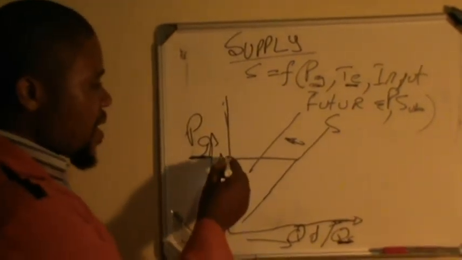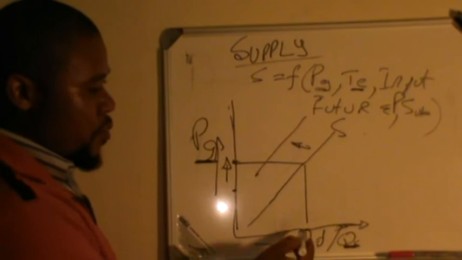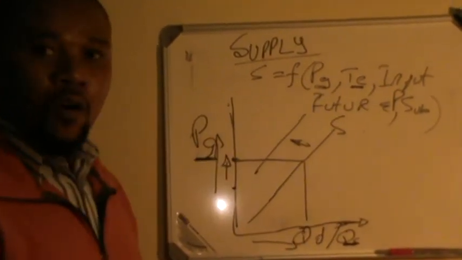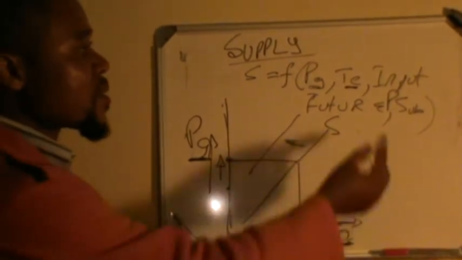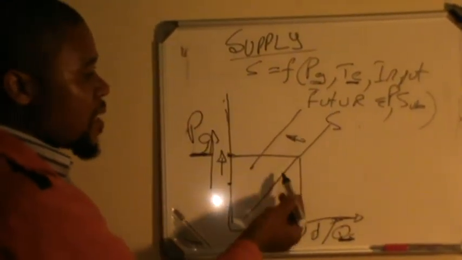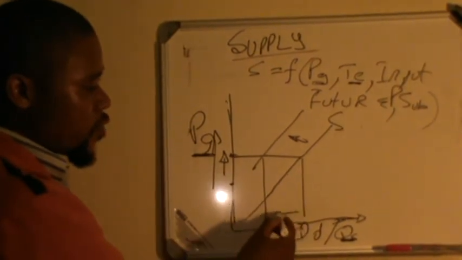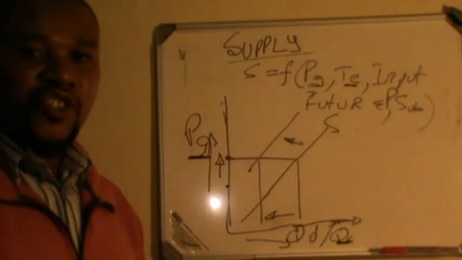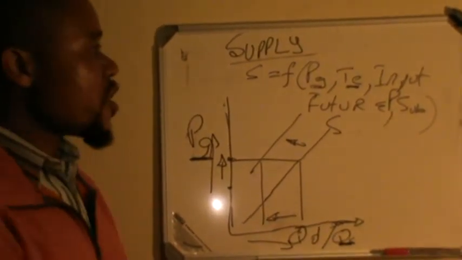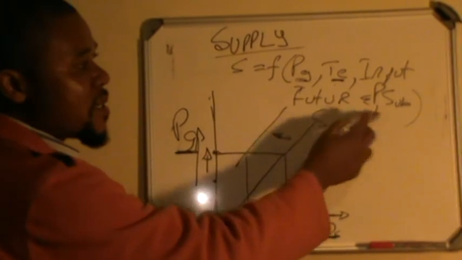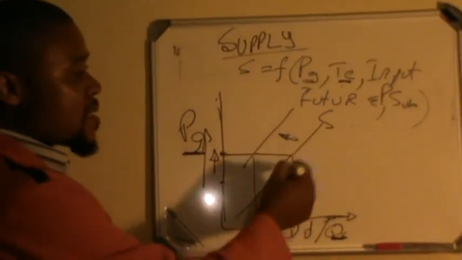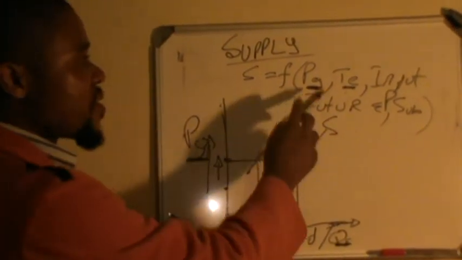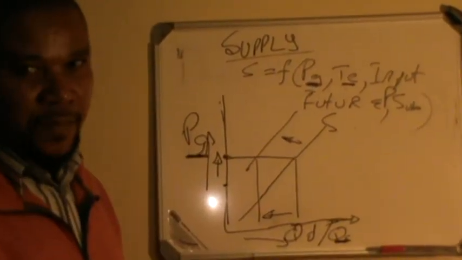At the same price, you would have produced more if the costs of inputs were lower, but because the prices of inputs have gone up, at the same price you would be producing less of that particular good. So those are the shifts caused by these inputs, and the movement along the supply curve as caused by the changes in that particular factor.